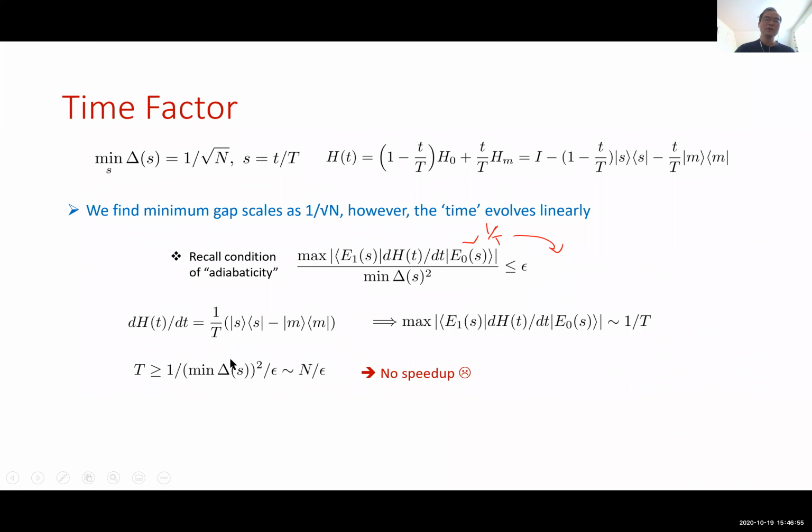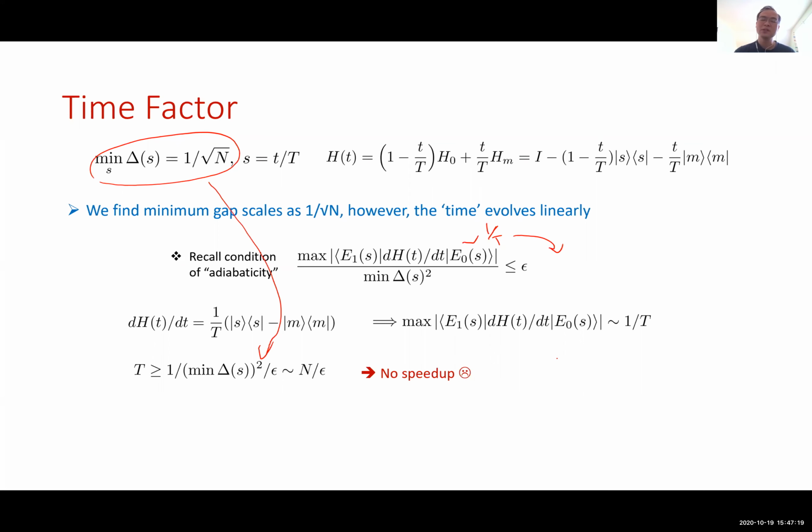Right, 1 over minimum gap squared is 1 over n, right? Because this is the gap. So we use this, right? So meaning that our time has to be proportional to n, and that's why we don't get any speed up, right?